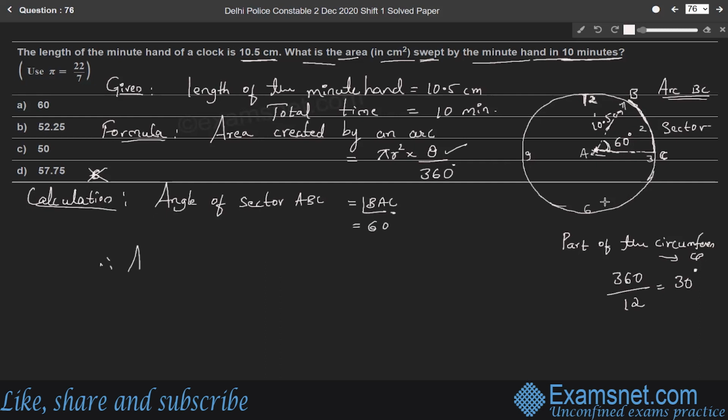Therefore, the area created by the arc, by formula, is pi r square theta by 360, right?